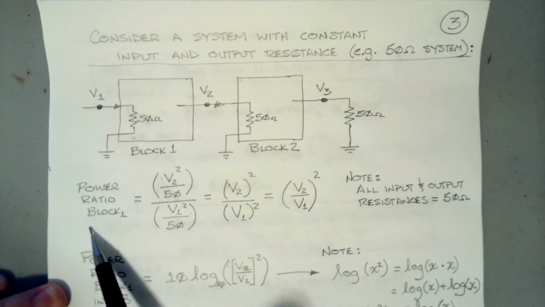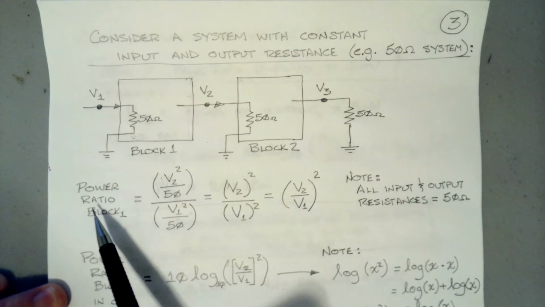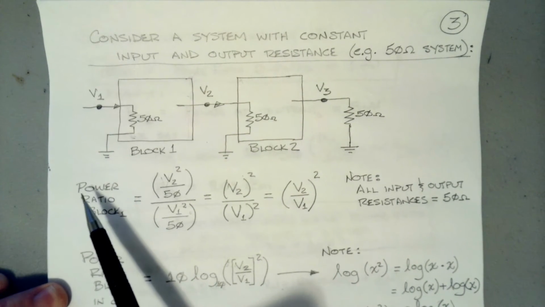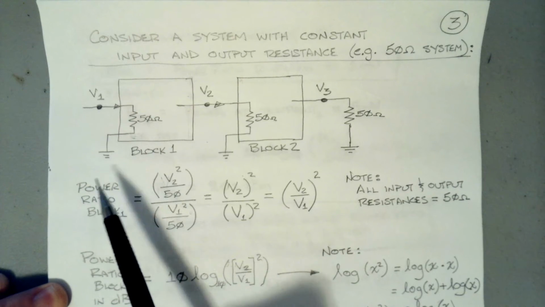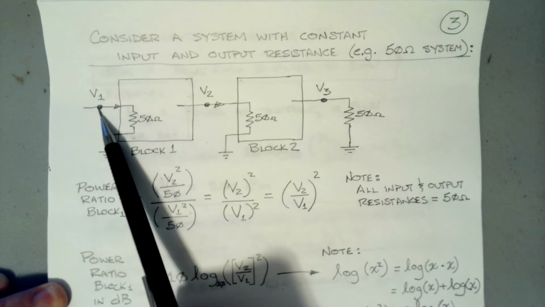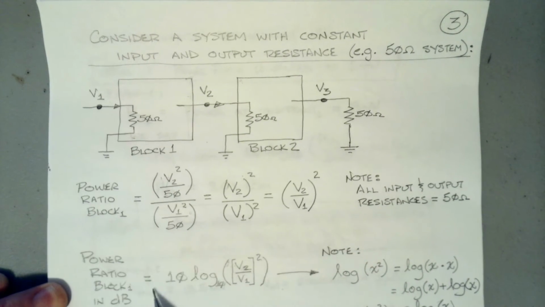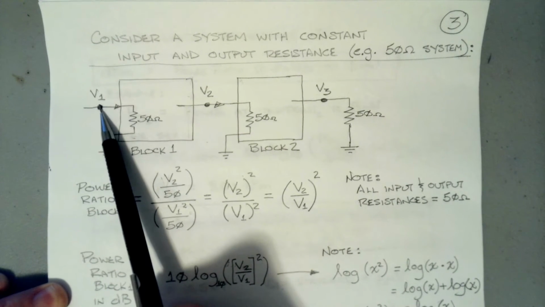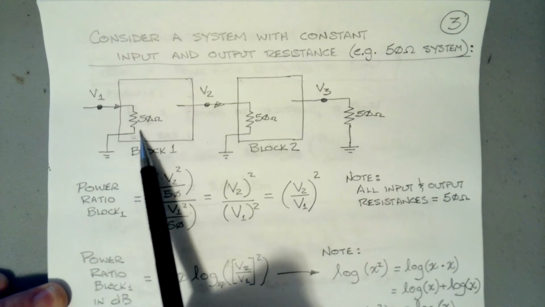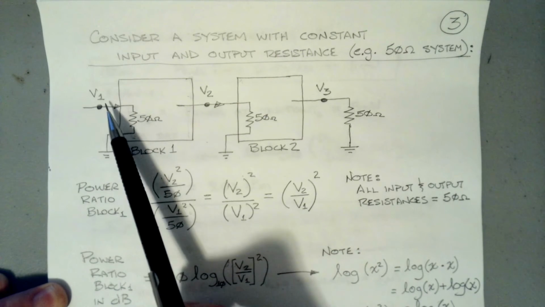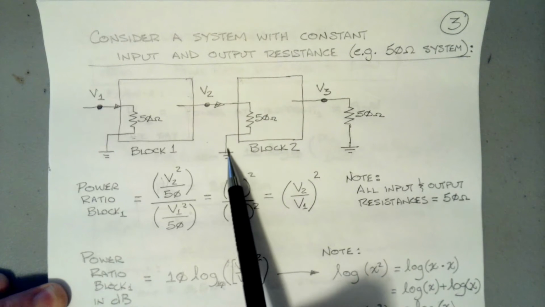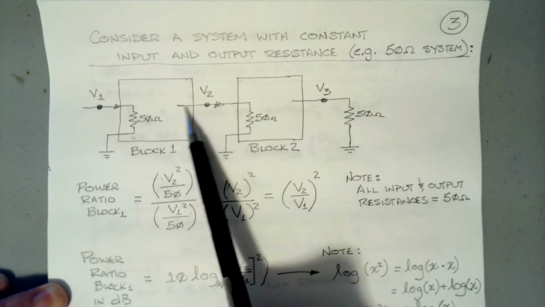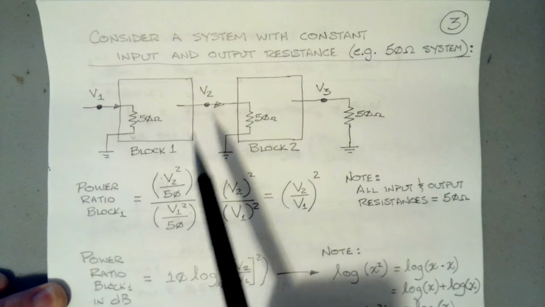one thing that's very useful: it's kind of hard to measure power, but it's not too hard to measure voltage, because you can just put some kind of voltmeter or oscilloscope across from the signal line to ground, if it's a single-ended signal like we've drawn here. The input to this 50 ohm block is V1, and the input to this 50 ohm block, or the output from this one, is V2.